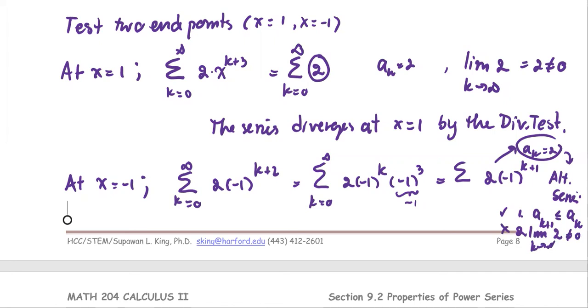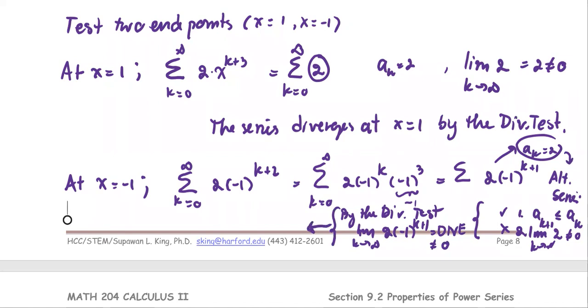So it doesn't satisfy the second condition of the alternating series test. Therefore, we're going to go back to use the divergence test. By the divergence test, check the limit of a_k, which is 2 times negative 1 to the k plus 1, as k approaches infinity. It doesn't exist, which means it's not equal to 0.